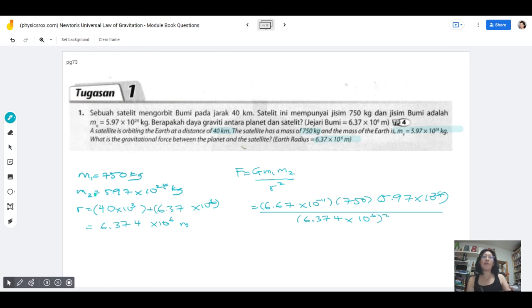Like I said, if you don't want to solve R first, you can put all these values in a bracket underneath. That's not a problem.